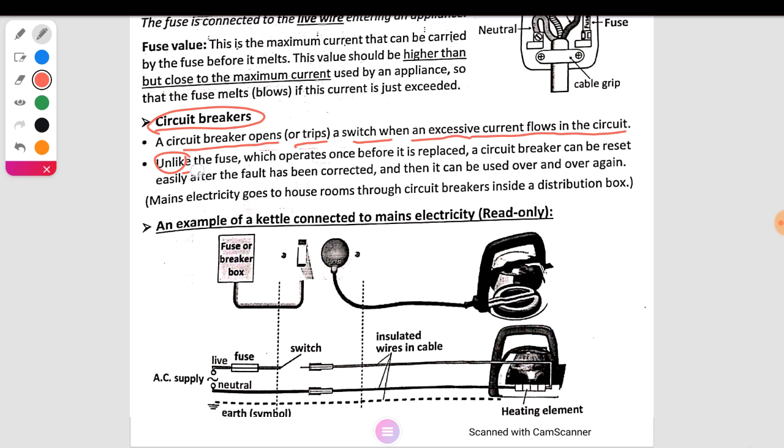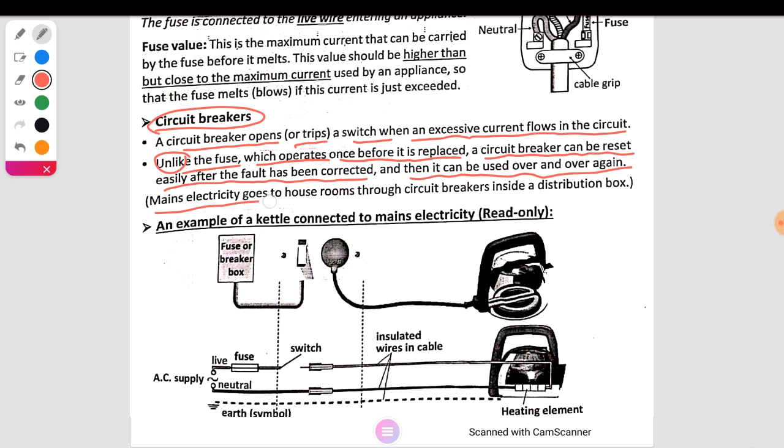Unlike the fuse, which operates once before it is replaced, circuit breakers can be reset easily after the fault has been corrected, and then can be used over and over again.